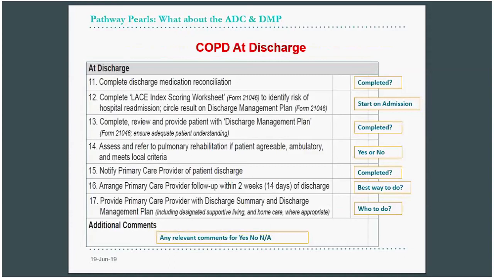And then the follow-ups, the 2-week follow-up to the family physician, completely individualized per site, and notifications. That's huge with transitions in care within every single community and zone right now. It's only going to be discussed more and more, what is the best way to provide that communication to the primary care provider, to the supportive living centers, and to home care.